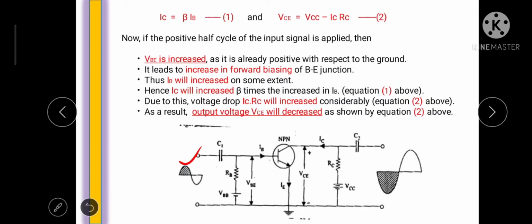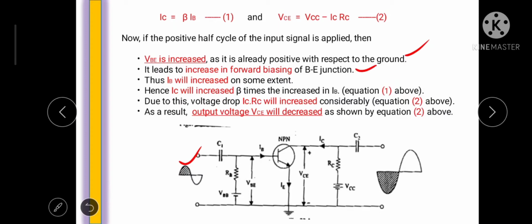We can see very clearly here the input signal is going to increase. That means the voltage VBE is going to increase, as it is already positive with respect to ground. This increased value of VBE leads to an increase in forward biasing of the base emitter junction.